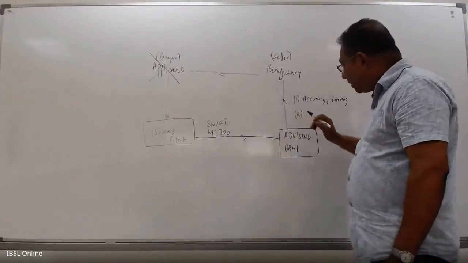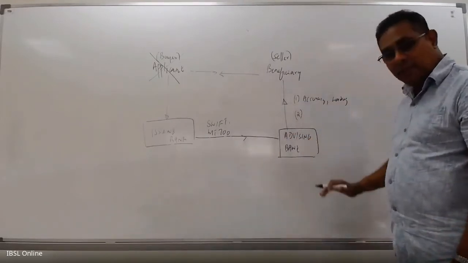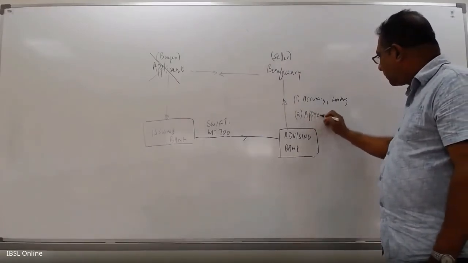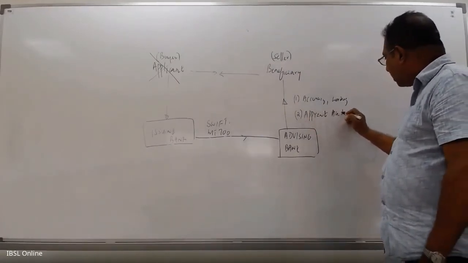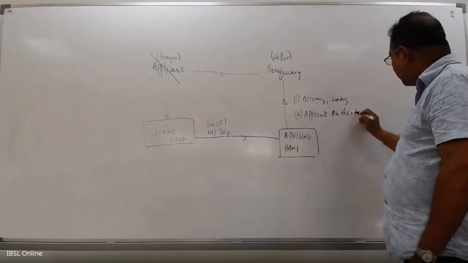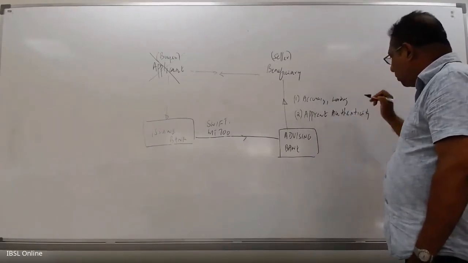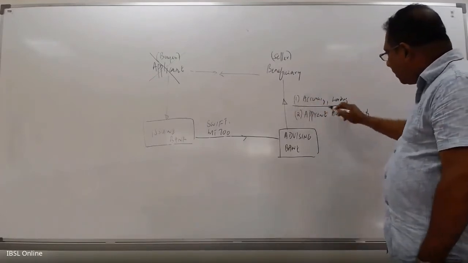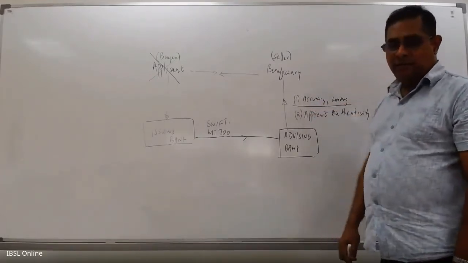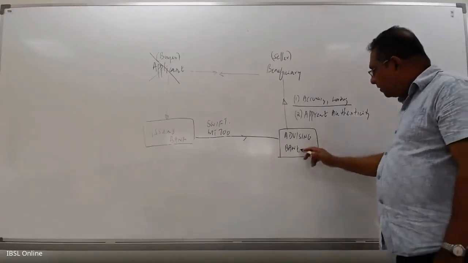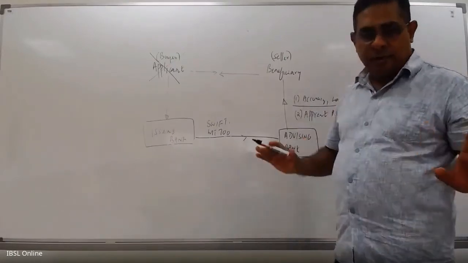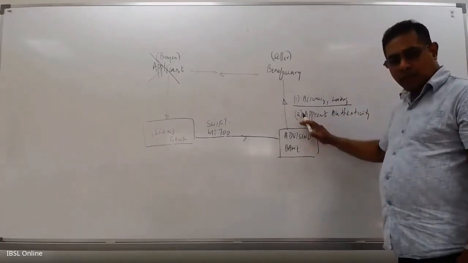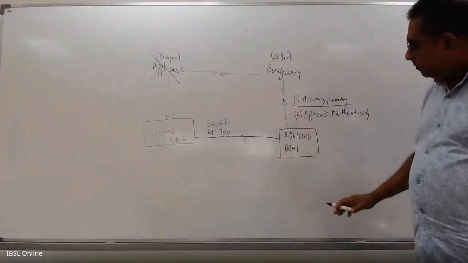So the second responsibility levied upon the advising bank is the apparent authenticity. You might get MCQ questions giving one and asking for the second one. The advising bank does not have many responsibilities except for these two.